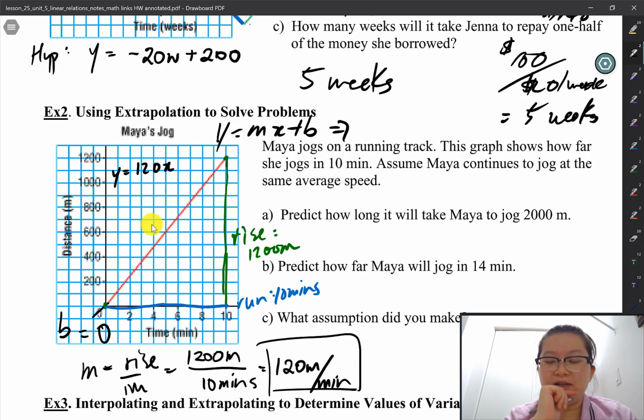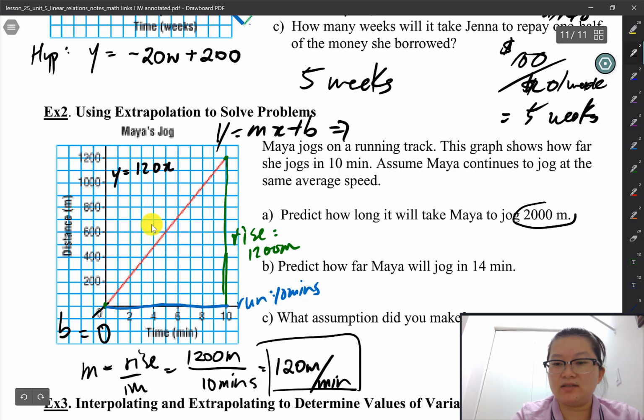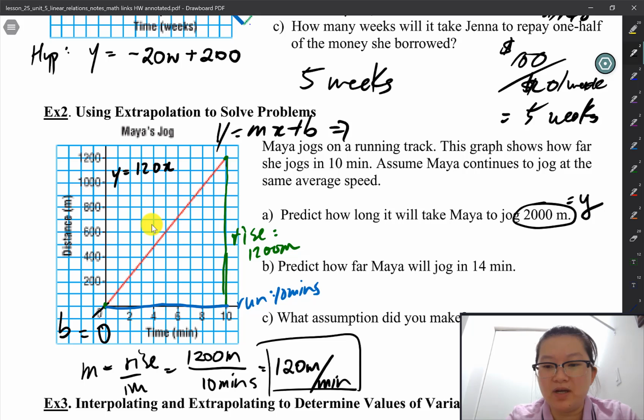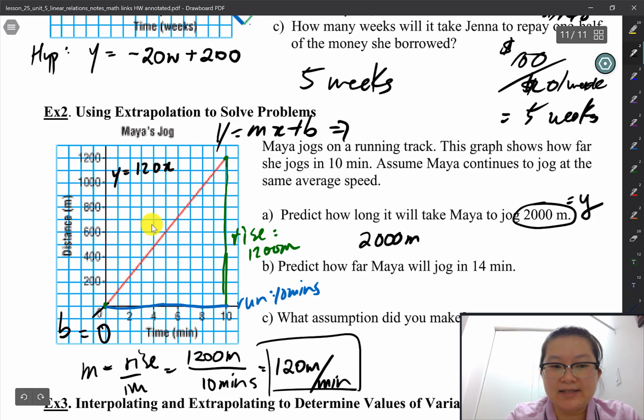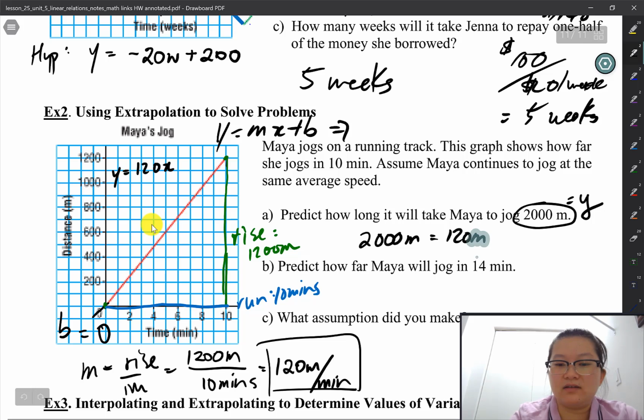A, predict how long it would take Maya to jog 2,000 meters. For A, this one is giving us the distance. So that's on our y-axis, meaning if I use my slope-intercept form, then 2,000 would be my y, and I would have that equal to 120x here.